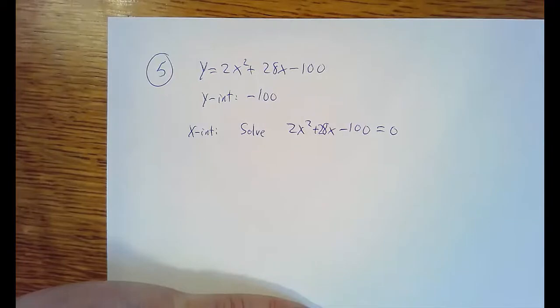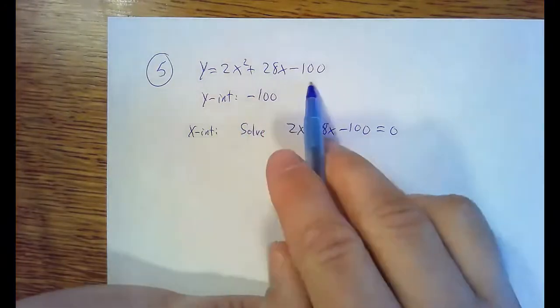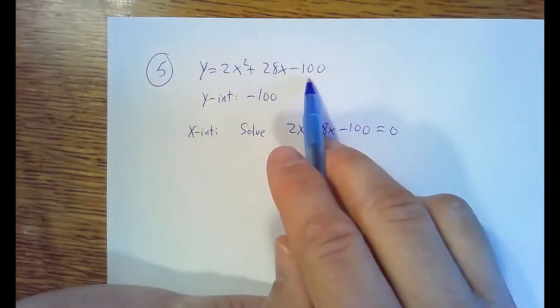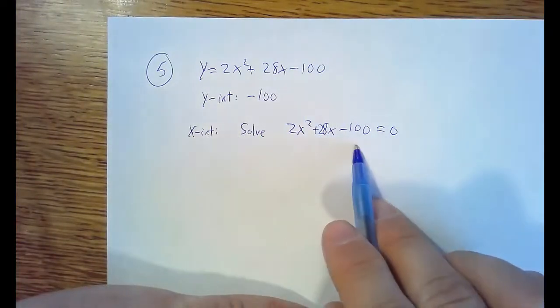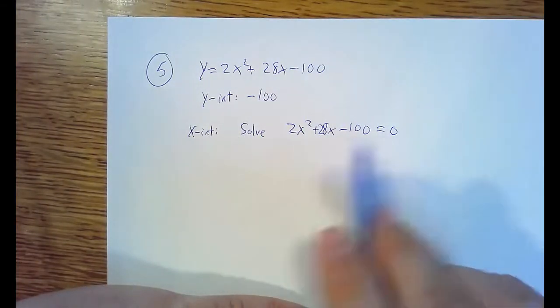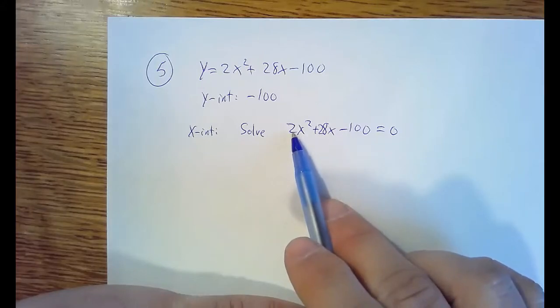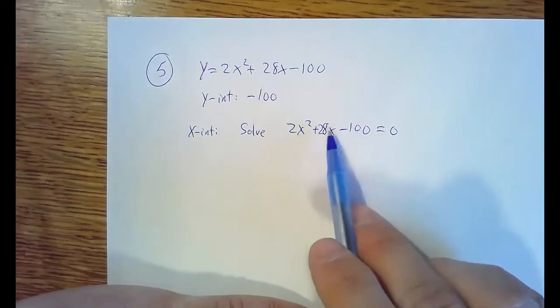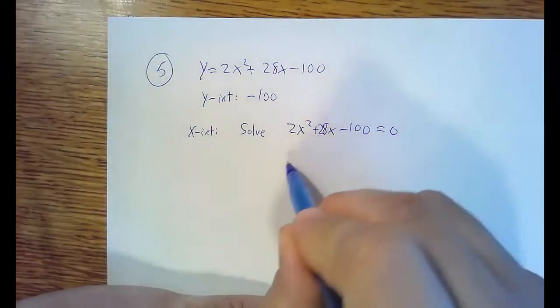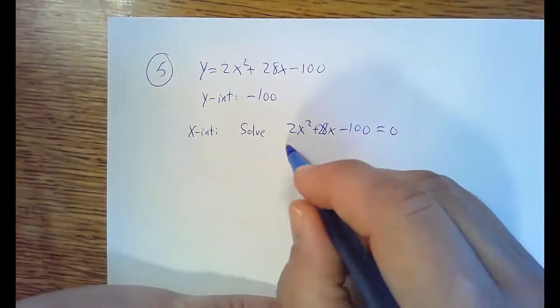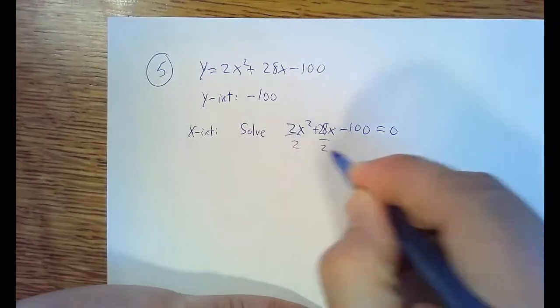So for our quadratic function number 5, we know that the y-intercept equals the constant term, minus 100. To find the x-intercept, we set the function equal to 0 and solve for x. Now, I notice that we can do some factoring. There is a common factor of 2 on all 3 terms. To make all the calculations simpler, I'm going to divide each term by 2.